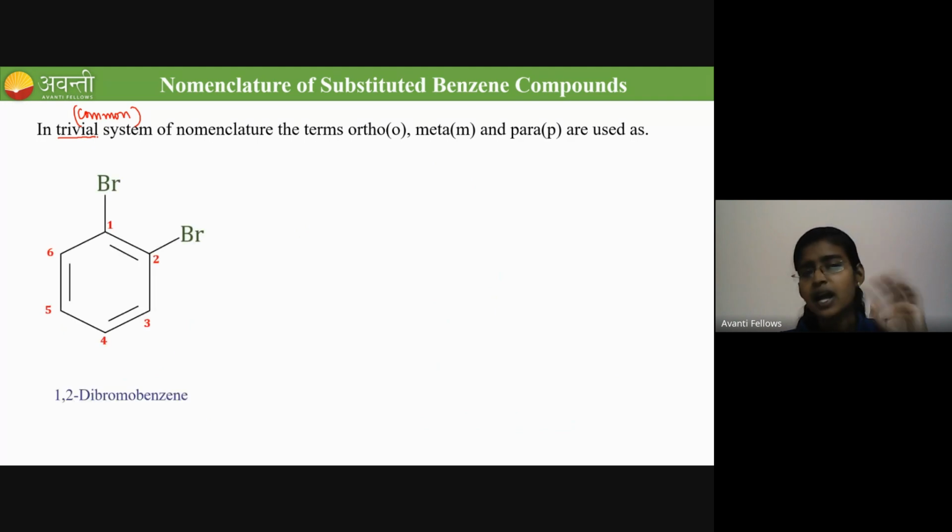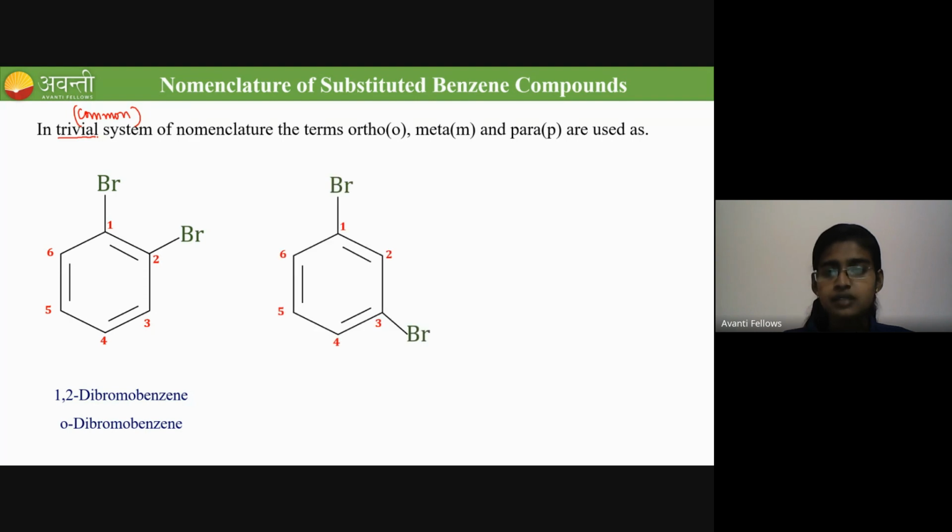Ortho means adjacent. So what is the common name for this 1,2-dibromobenzene? It is ortho-dibromobenzene. O-dibromobenzene. And this is 1,3-dibromobenzene, which we have discussed. Now this is called meta-dibromobenzene.